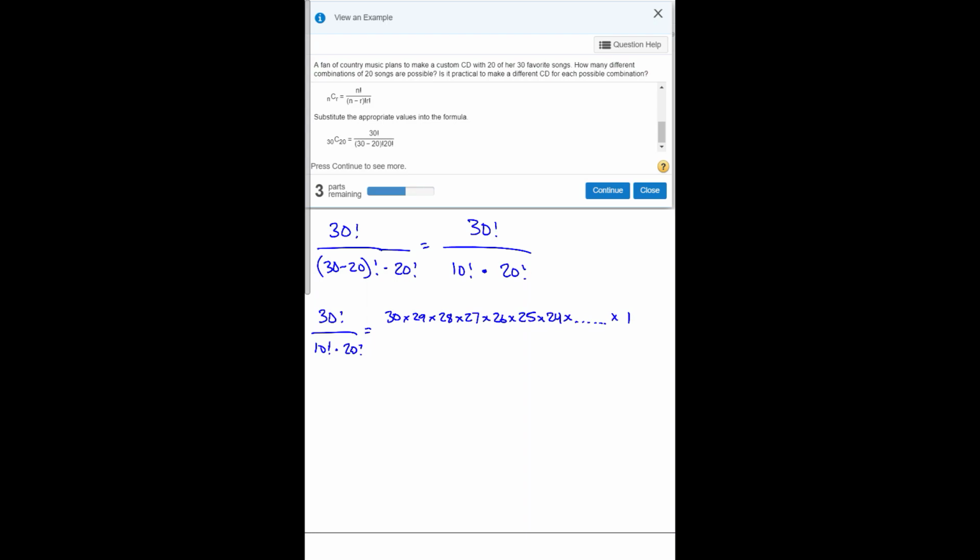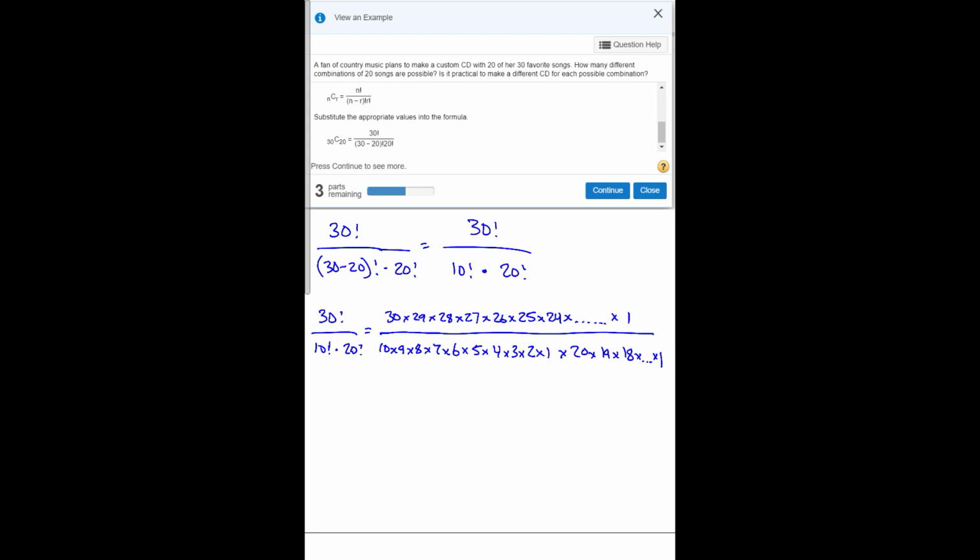Divided by 10 factorial, which is 10 times 9 times 8 times 7 times 6 times 5 times 4 times 3 times 2 times 1. And then multiplied by 20 factorial, which is 20 times 19 times 18 all the way down to 1.